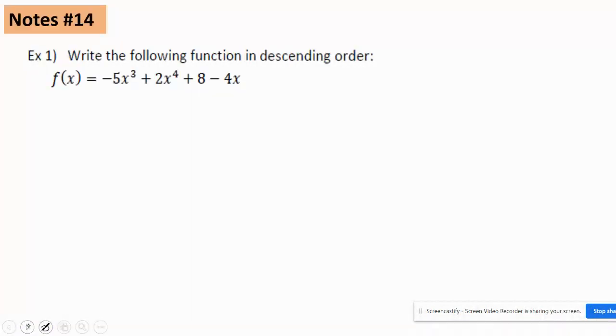So on your notes, I want you to write down this example and put it in descending order. I'm going to give you a second to do that. Hit pause on the video.